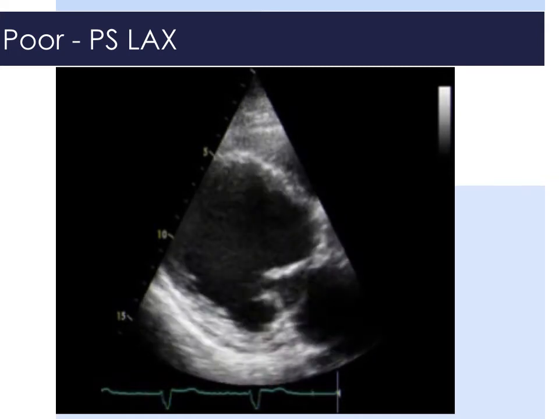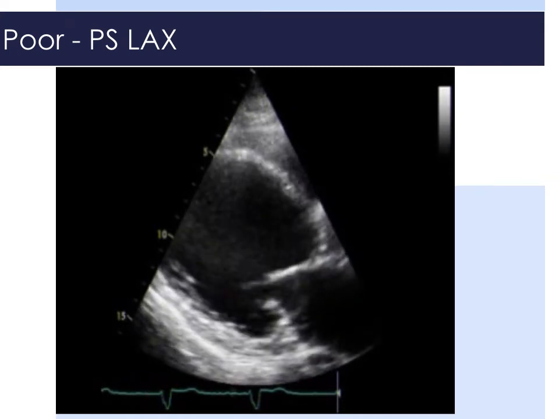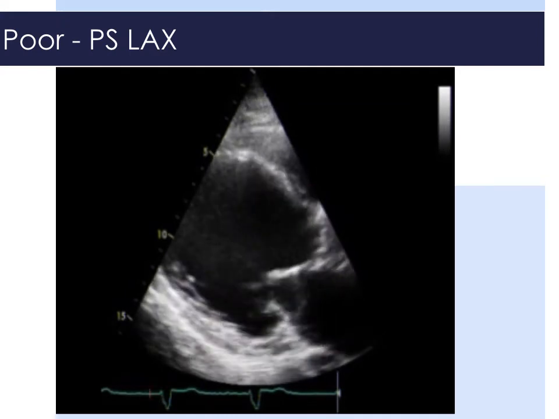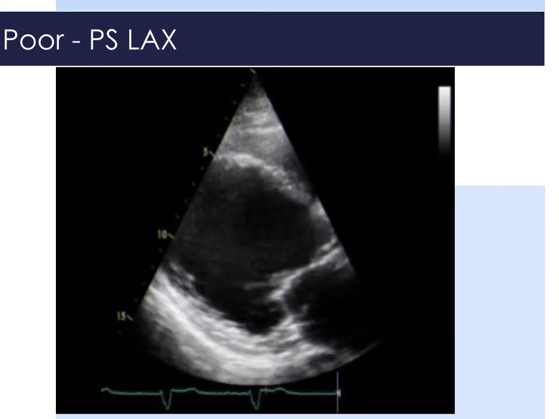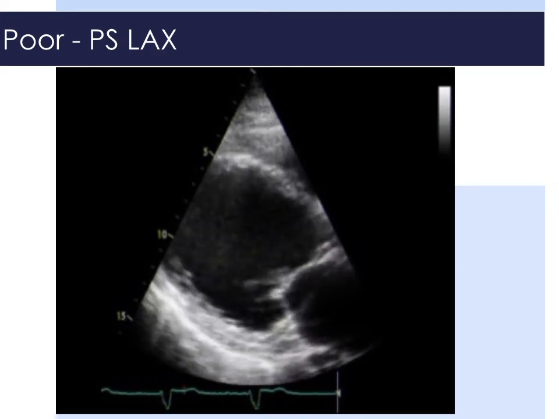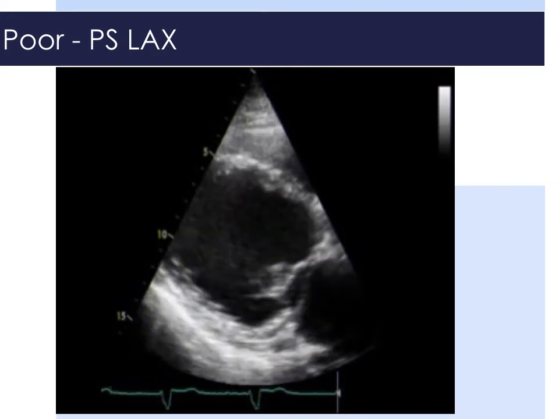There is also not much difference in internal dimension between systole and diastole, with a movement of the walls that is almost the same in systole and diastole.